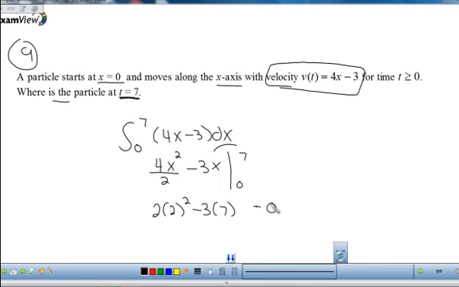And if you substitute 0, that's going to give you 0. So that would give me 2 times 49 minus 21, which is 77. So the particle moved a total of 77.